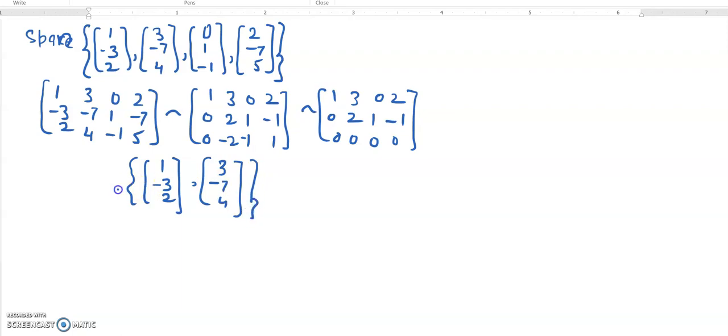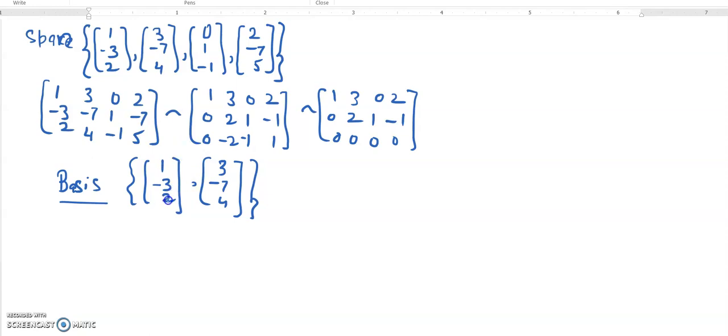Remember that the basis is not unique. For example, if we change the arrangement of these vectors and then find the echelon form, the answer for the basis will be different, but both answers will be correct.